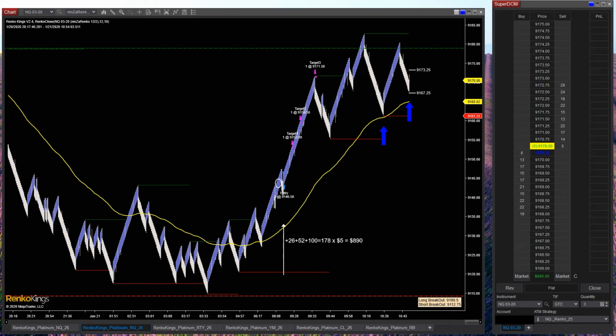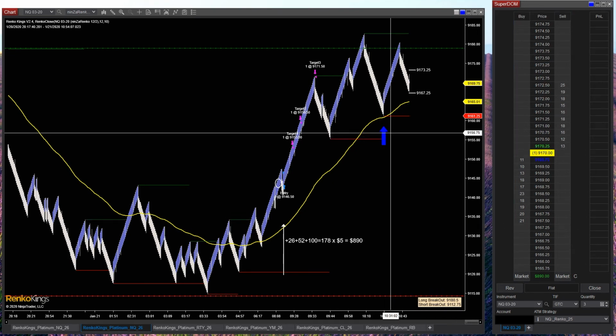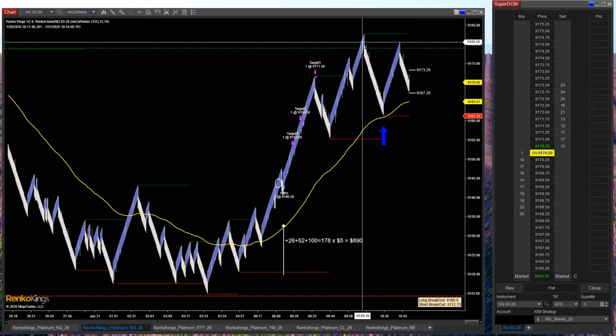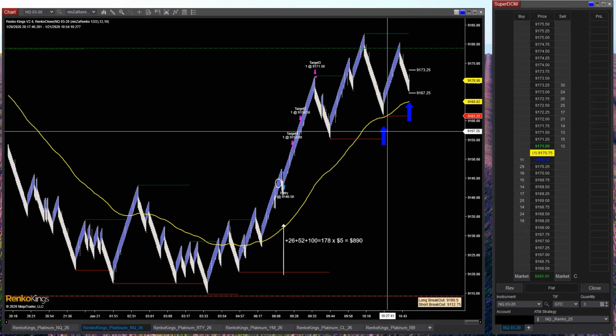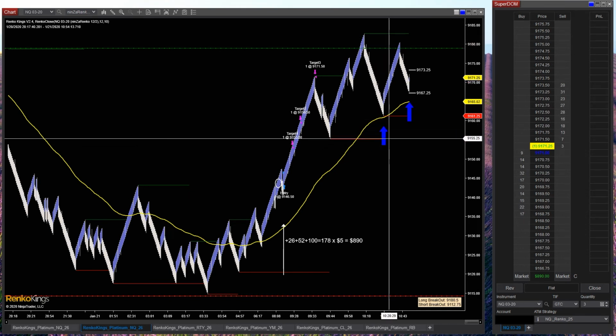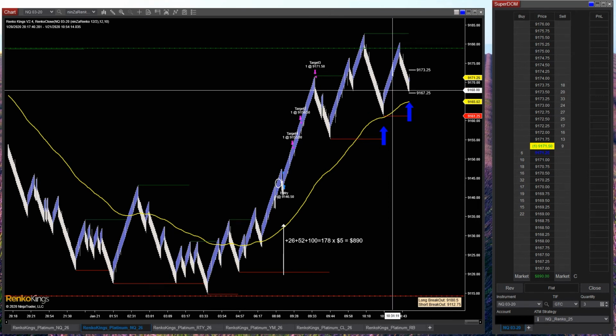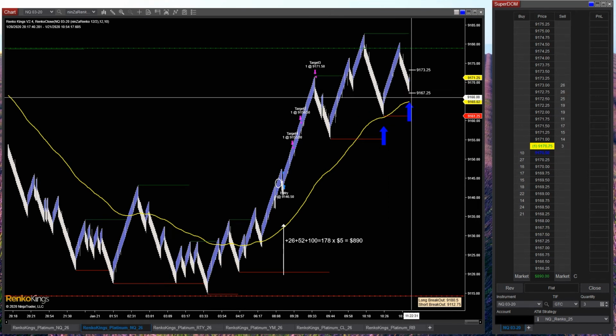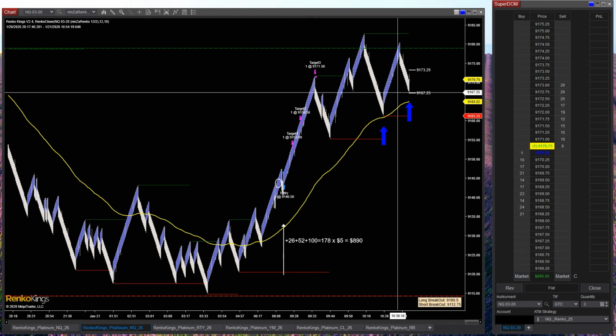Okay, so there's our answer. We did break out of it. It was a valid breakout. We got a nice blue signal, and it would have been profitable. I don't know how far down this is coming.